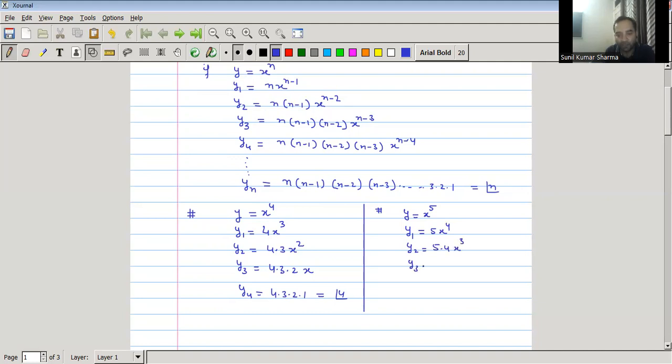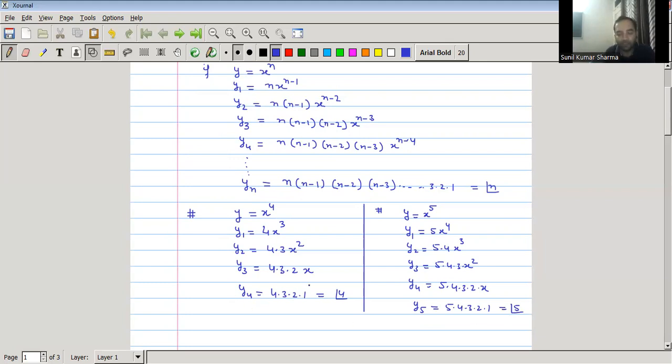What is y3? 5 into 4 into 3 x power 2. y4 is 5 into 4 into 3 into 2 into x. And what is the fifth derivative of y? 5 into 4 into 3 into 2 into 1, the derivative of x is 1. That is 5 factorial.